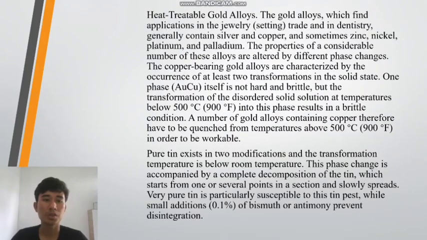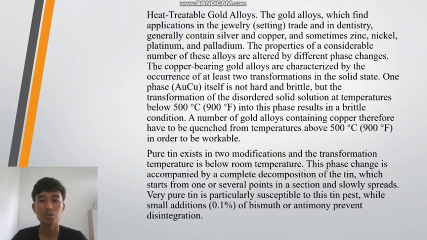The properties of a considerable number of these alloys are altered by different phase changes. The copper-bearing gold alloys are characterized by the occurrence of at least two transformations in the solid state.